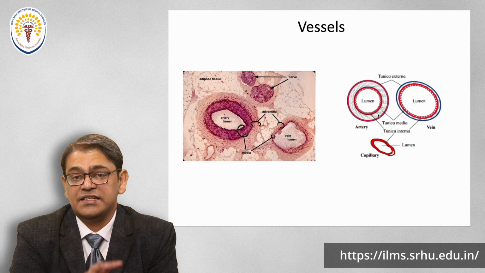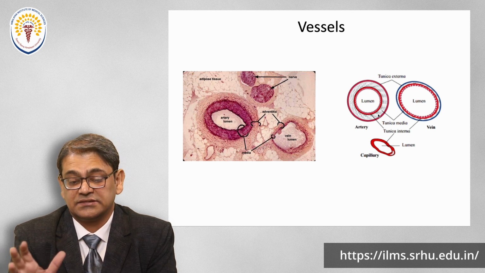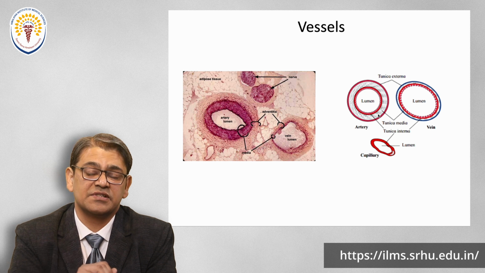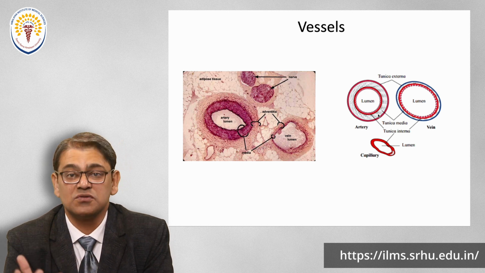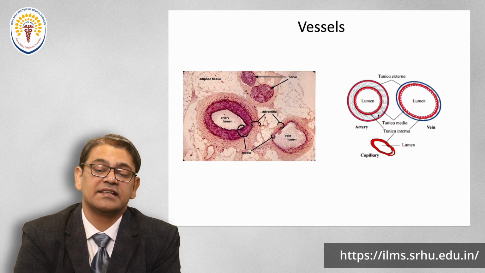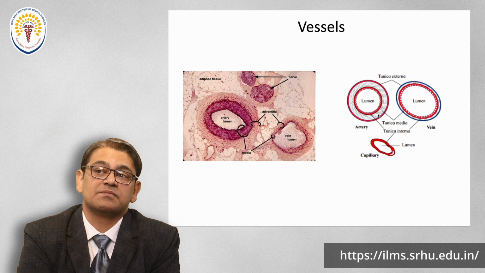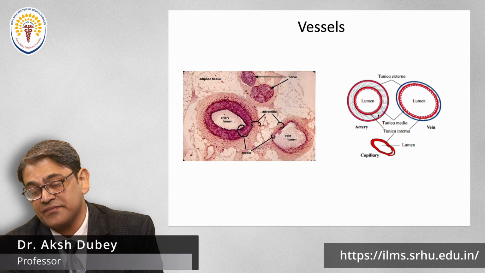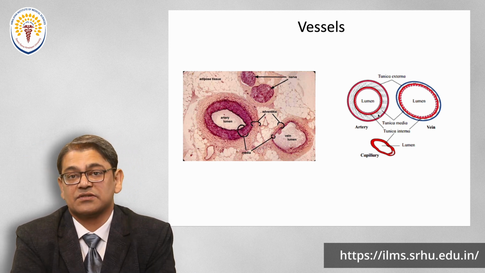But if you see elastic fibers, and more than that a hazy structure just like smooth muscle, then the structure is named a muscular artery. So in histology, arteries are of two types, elastic artery and muscular artery.